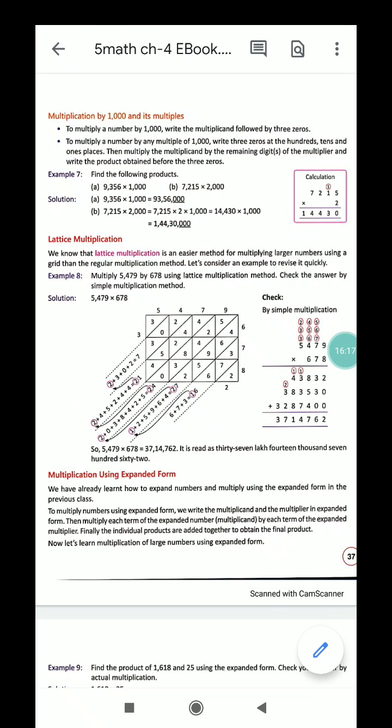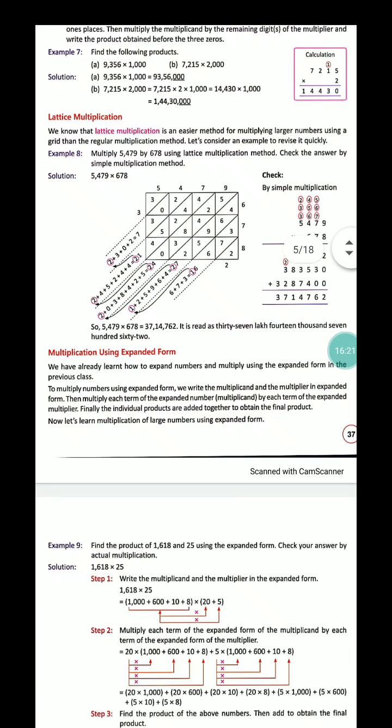Okay, now let's concentrate over here. Lattice multiplication. Maybe you have done it in earlier classes, or if you have not done it, just understand this one and concentrate over here. We know that lattice multiplication is an easier method for multiplying large numbers using a grid than the regular multiplication method.